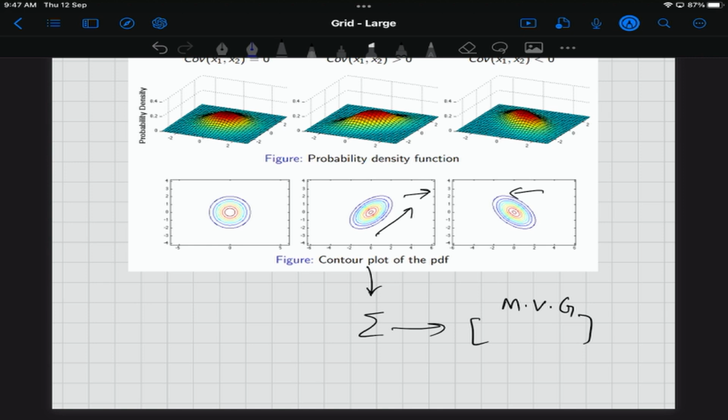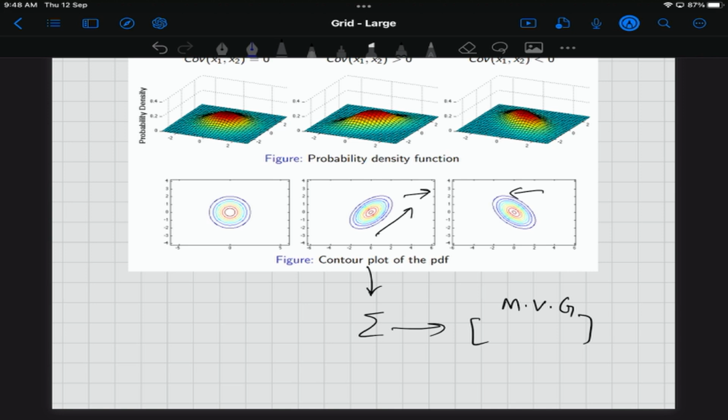In your first class you have seen, right, there was a take home question where I asked: if two random variables are correlated, does that imply independence, or does independence imply correlation? Now maybe after this class your task is to see, if you have two features and they are linearly dependent, what will happen to the covariance, and if they are correlated.